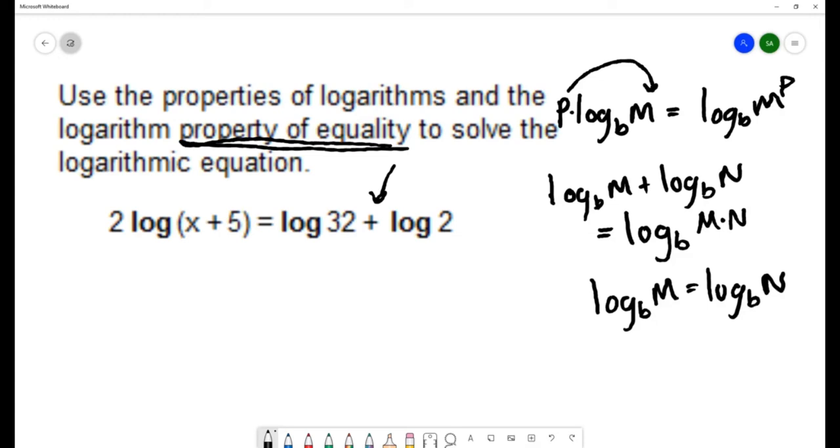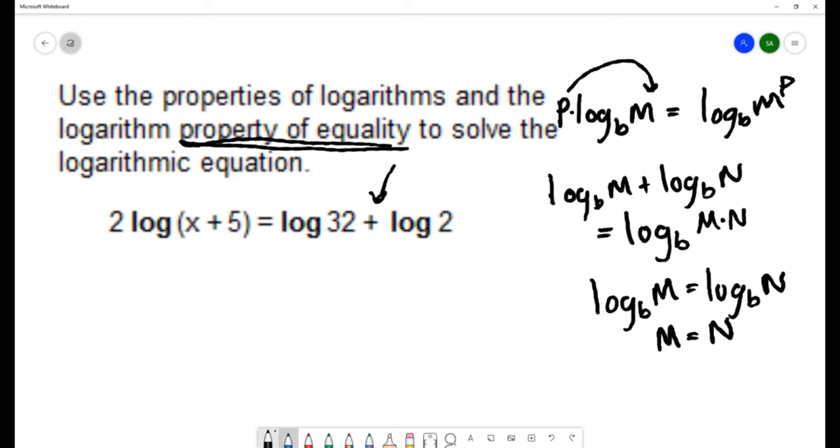So anytime we have logs equal to each other that have the same base, we are able to simplify the equation by saying what's inside the log on the left is equal to what's inside the log on the right. So we're going to use these properties to solve the equation that we have.